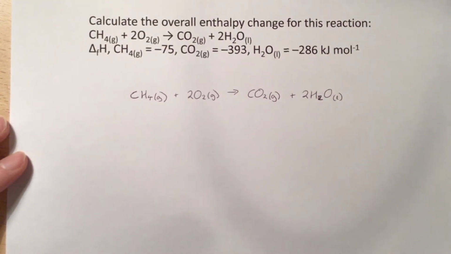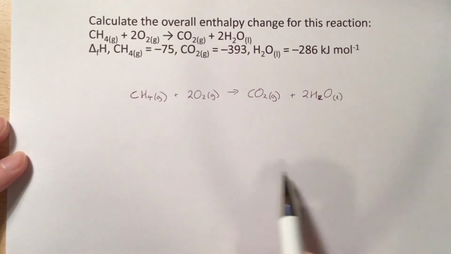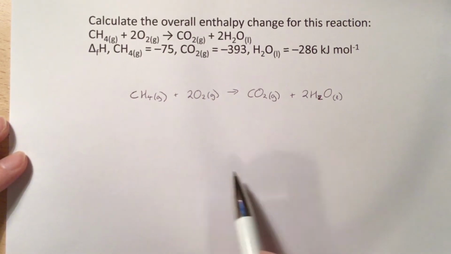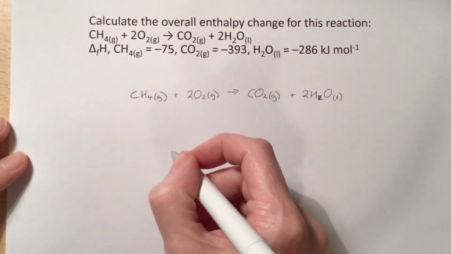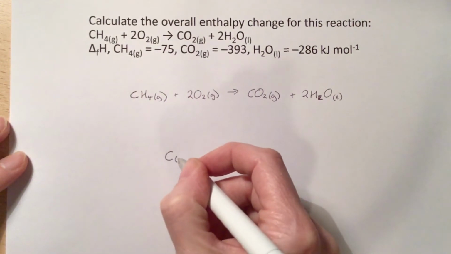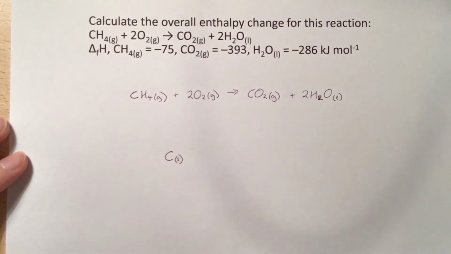And step 2 for a formation cycle is to write out the elements in their standard states underneath, down here, with state symbols, and make sure that that's all balanced. So if we go through the elements one by one, we've got carbon. Carbon is a solid in its standard state.